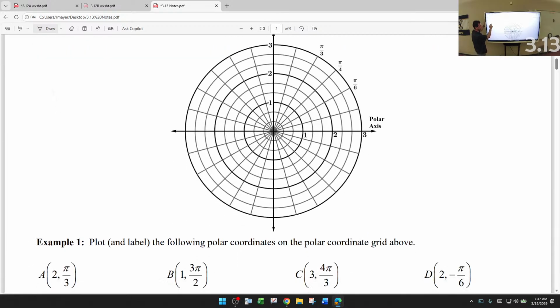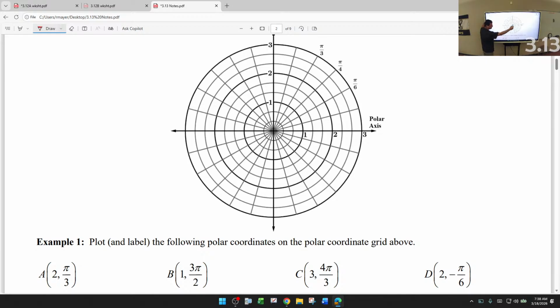Okay, so this is a polar coordinate grid. It looks different. However, you can still see the horizontal axis and the vertical axis. They just give it to you as a circle because you know you're going in some angle. Each circle represents a unit.